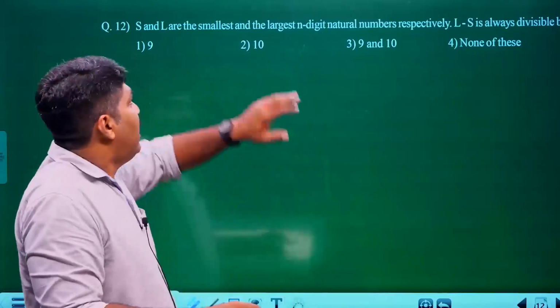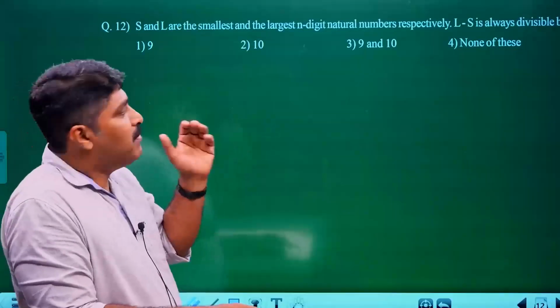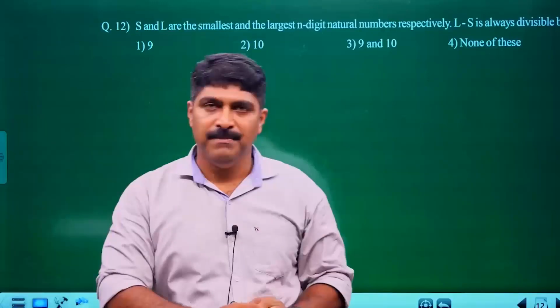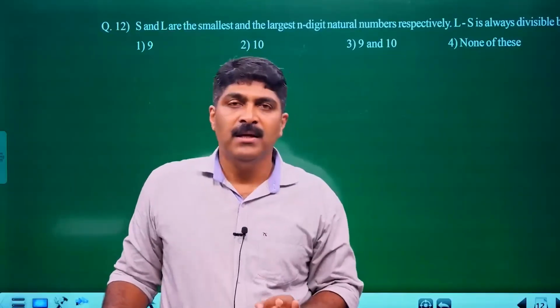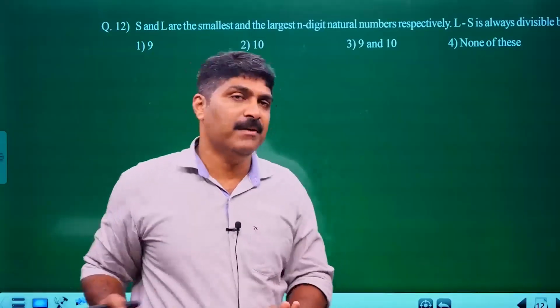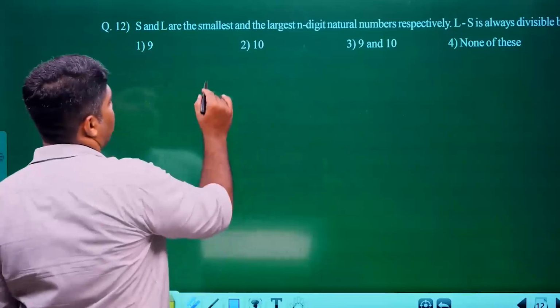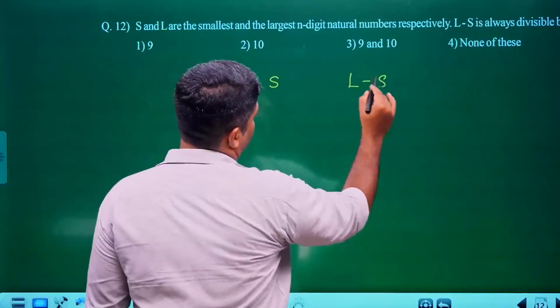It is given that L and S are n-digit natural numbers. That means the number of digits in both numbers are same. If L is the largest single-digit number, then S is the smallest single-digit natural number. So here we can consider the values L and S, and we can consider L minus S also.